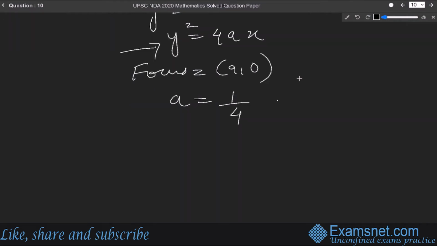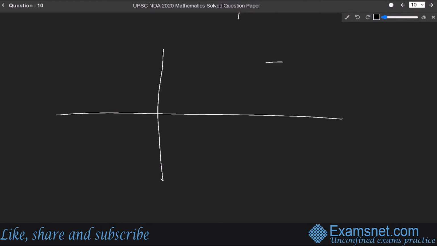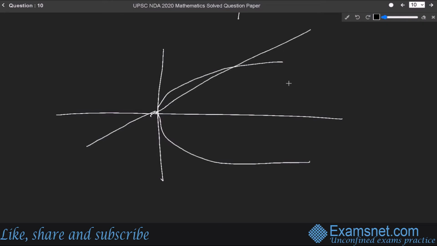Now, let us understand this by a diagram of parabola. According to this question, the parabola will be here. So, this will be our parabola, and there is a line which passes through it, which will be like this. It is a line that passes through the given parabola.